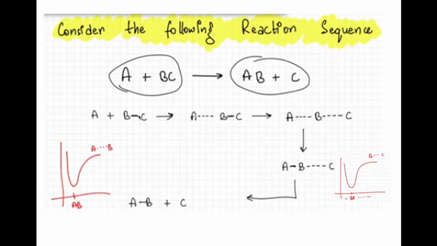The solid line between B and C represents the bond. Next, AB is the solid line. After the reaction is completed, we get A plus BC giving AB plus C.